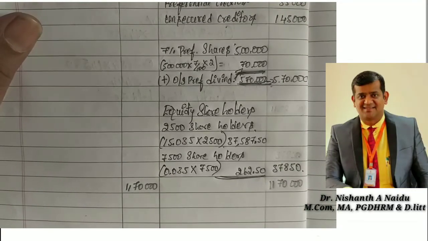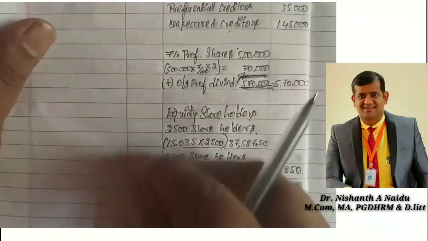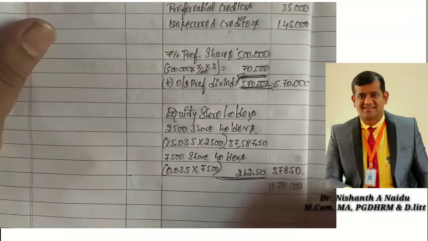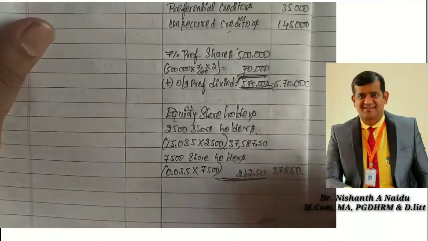So now if you total both sides, you are going to get the same answer, 11,70,000.